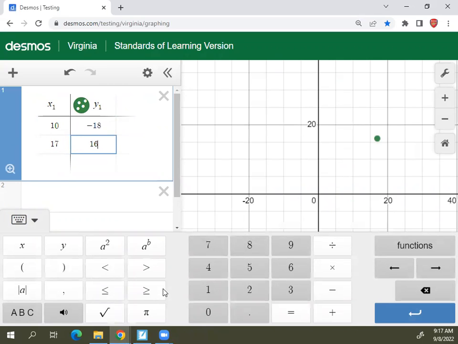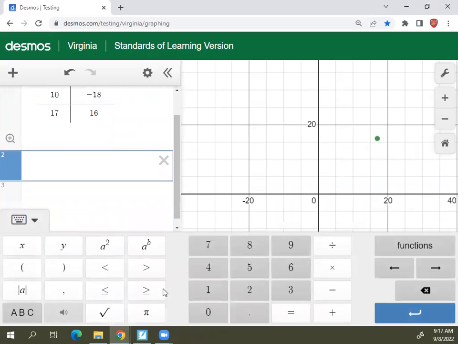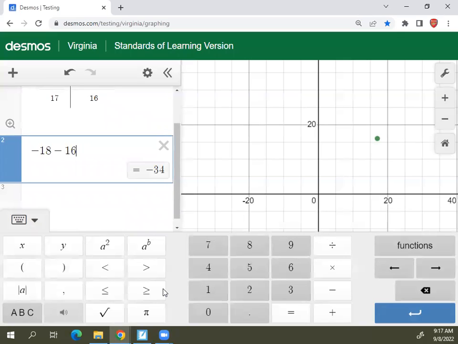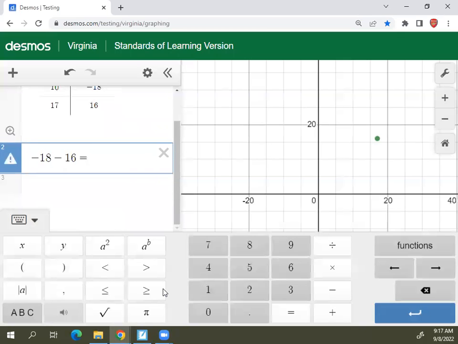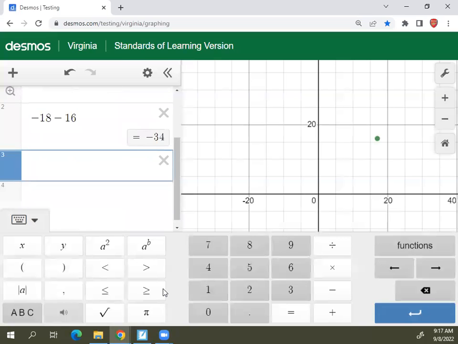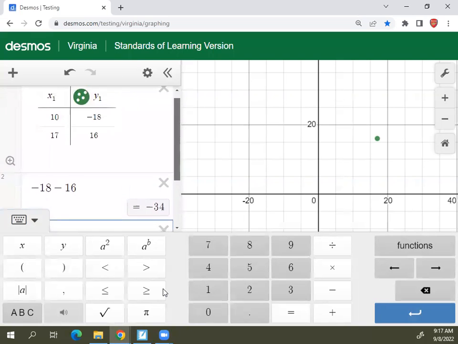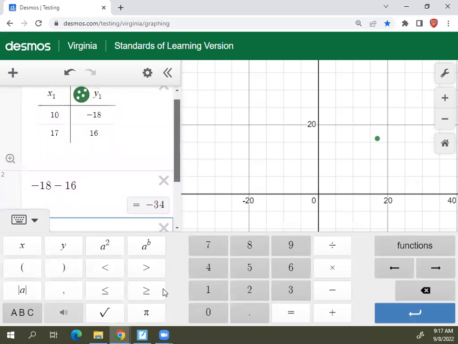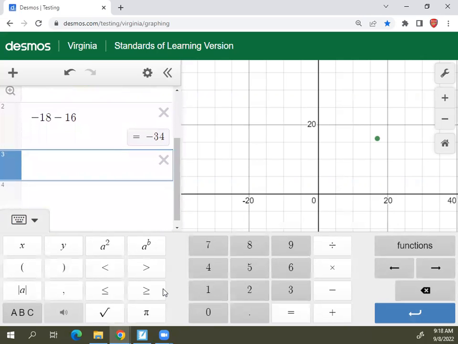And I think that's going to help me organize what I want. I want to subtract my y's first, so -18 minus 16. Using Desmos is going to help me avoid calculation mistakes. It's going to help me avoid problems with positive and negative numbers. Then I'm going to subtract my x's, 10 minus 17.